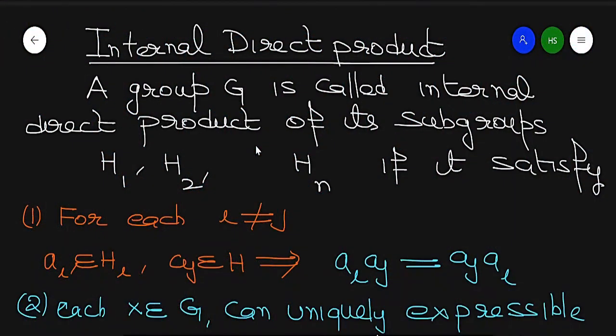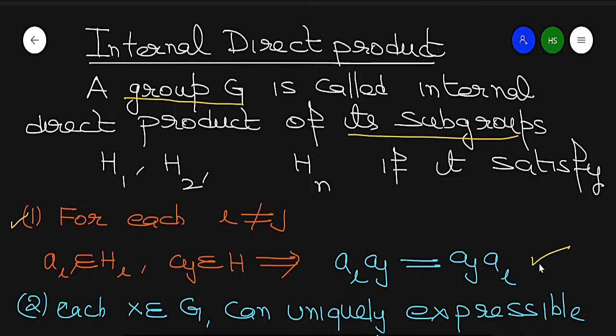Now next is the definition of internal direct product. A group G is called an internal direct product of its subgroups, all of these being subgroups, if it satisfies two conditions. Condition number 1: any two distinct subgroups commute with each other.